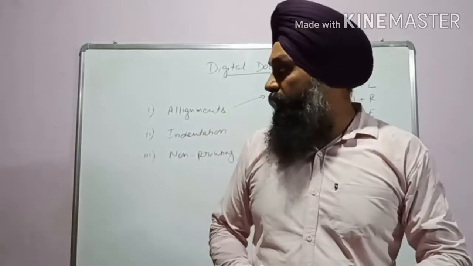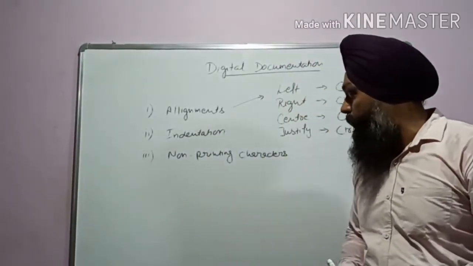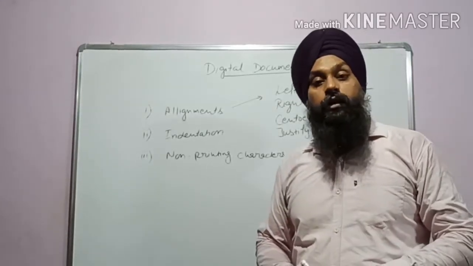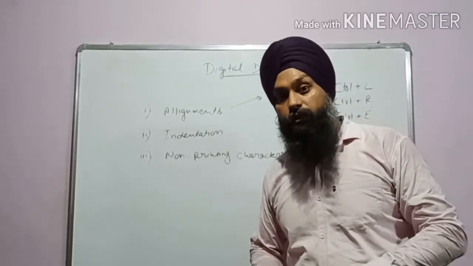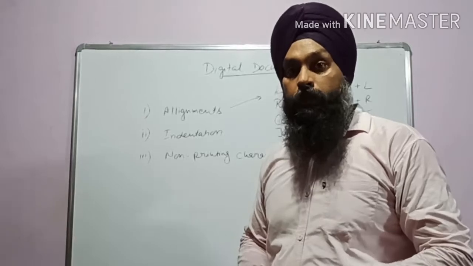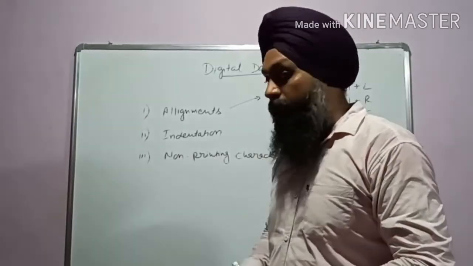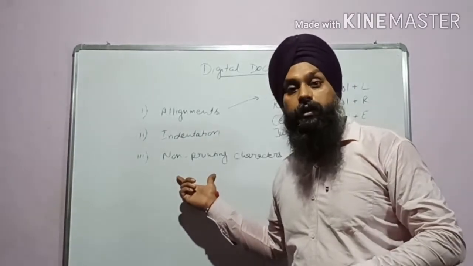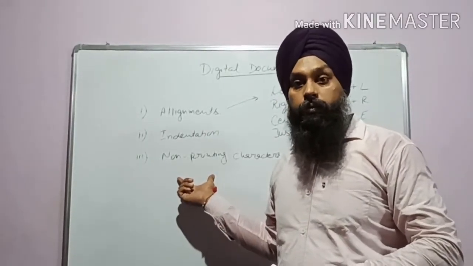But we can see these characters on the page. For this we have a Show/Hide symbol, which is under the Paragraph group under the Home tab. When we activate that option, we can see all the non-printing characters on the page.